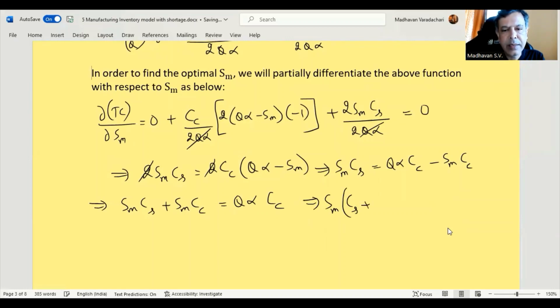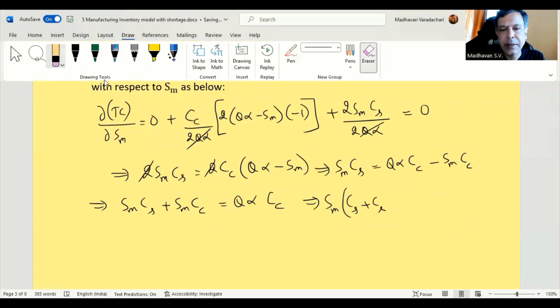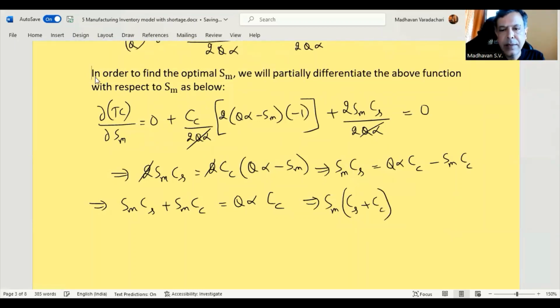So you get (Cs plus Cc), times Sm is equal to Q times alpha Cc, which means our optimal maximum shortage, that is Sm, will be Q alpha Cc divided by Cs plus Cc.